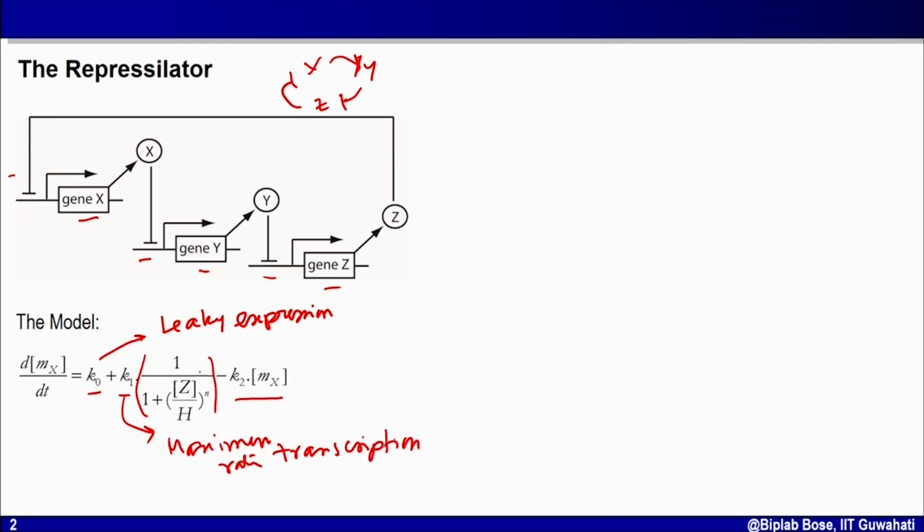And in this bracket, I have shown a Hill function, which is nothing but a negative Hill function. Why have I considered a negative Hill function?